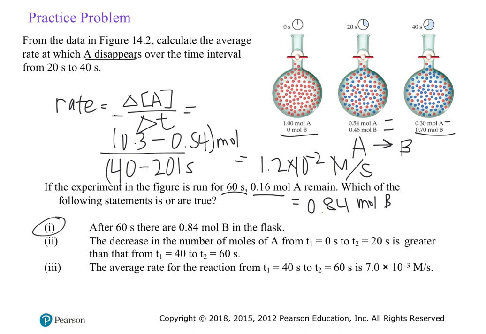so we can calculate. From 0 to 20 we know we dropped 0.54, so we went down 0.54 minus 1 over 20 seconds, which gives us that this first 20 seconds went down by 0.0023 molar per second.